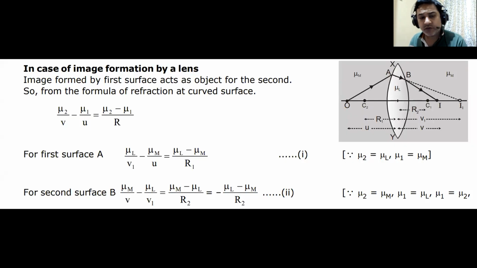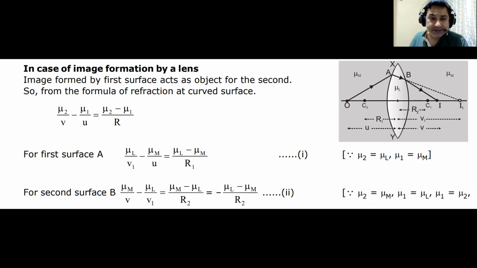Okay then, up till now what we have seen is the image formation by a convex as well as a concave lens. Now we shall move on to the lens maker's formula. Before that, we must understand that we've already done refraction at a concave or a convex surface, where refraction happens once.